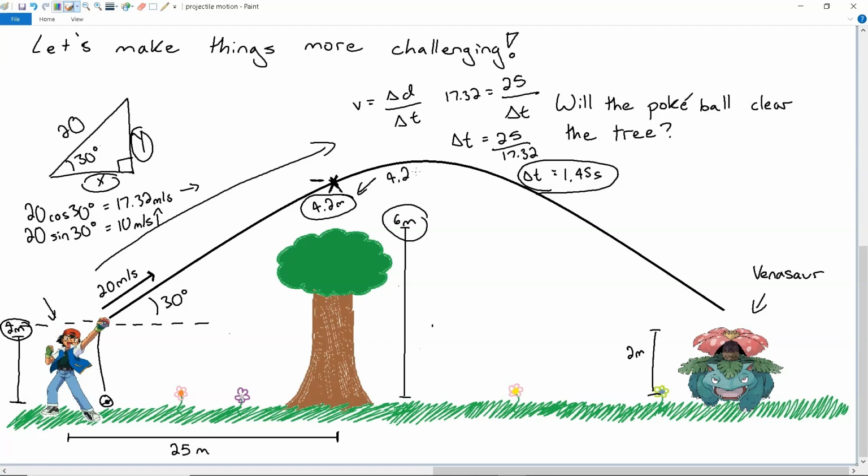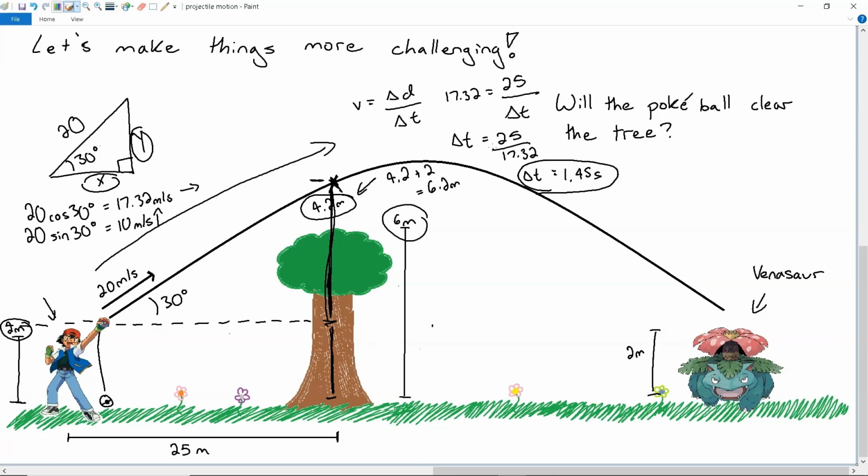So 4.2 plus 2 would be 6.2 meters. And now we can actually see that the Pokeball would in fact clear the tree. So just once more to re-emphasize the point, this 4.2 meters is basically the ball's height relative to where it was thrown, but then I can't forget to add the extra 2 meters down here.